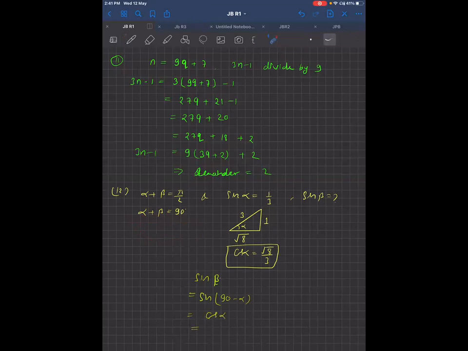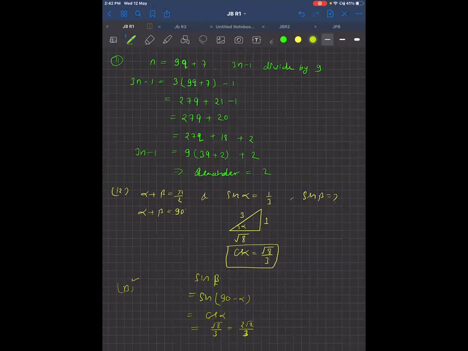The value of cos alpha we already got, root 8 by 3. And root 8 is 2 root 2. So which option is correct? Correct option is B.